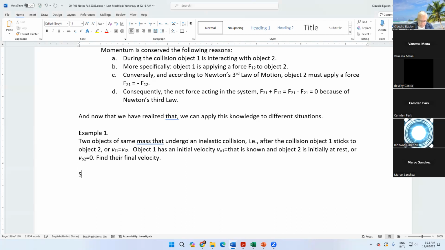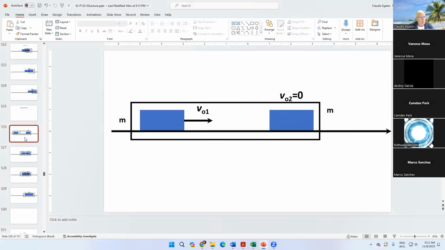Solution. So going back here, that's the situation.